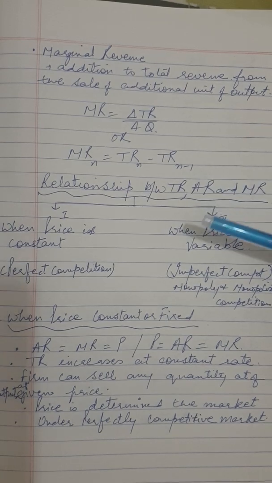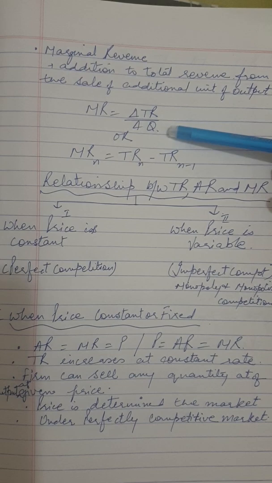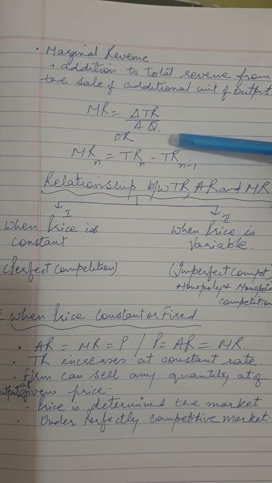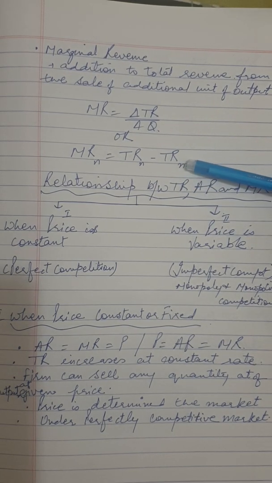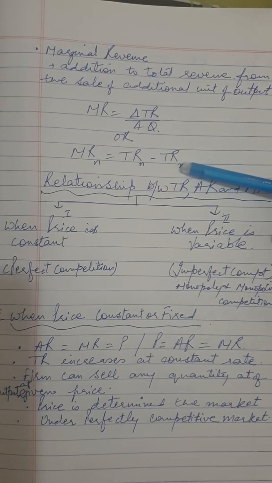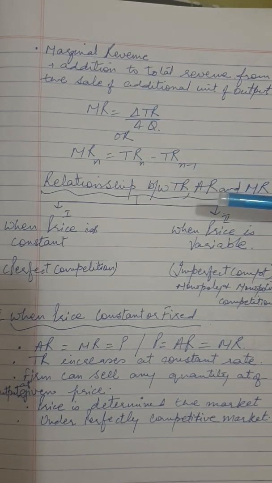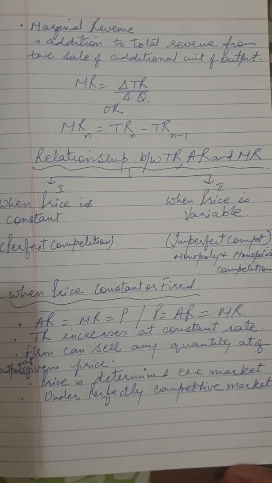So these are the two formulas to find out the MR. The first formula is used when you have to find out MR of a discrete series, when different units of output are given, like 10, 15, 20, 25, 30. But when the TR is given in a continuous series, that is 1, 2, 3, 4, then we can use this formula: MR nth is equal to TR nth unit minus TR n minus 1 unit. So this is the way you can find out the MR.